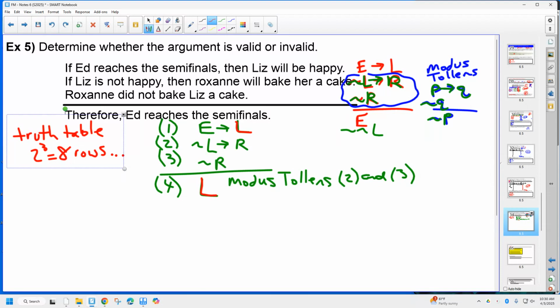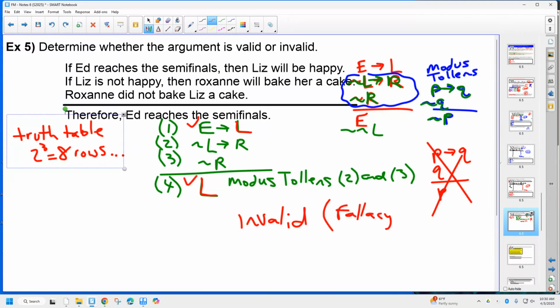The fallacy of the converse. The fallacy of the converse said P then Q, and if you have Q, you want it to be P, but that doesn't work. Okay, this isn't going to work. So we can kind of tell this is invalid. These two pieces right here form the fallacy of the converse.